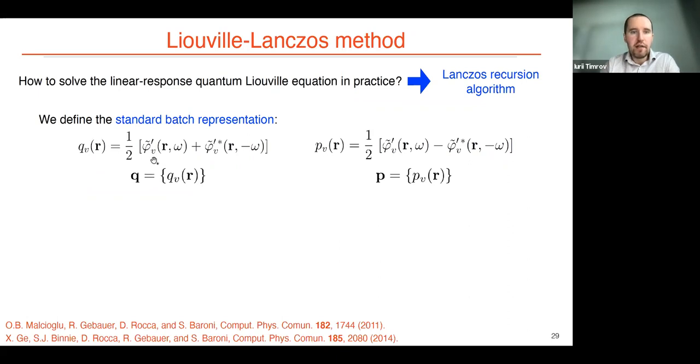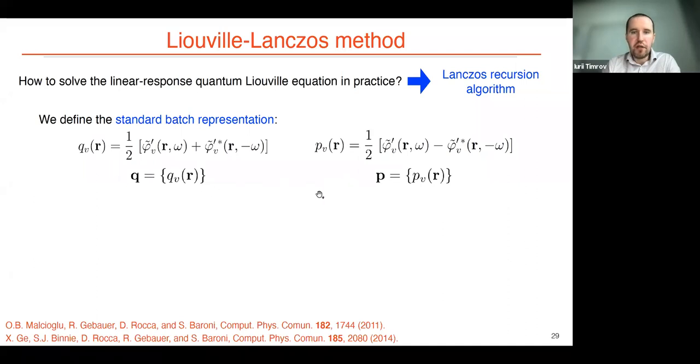So Q is defined as a half sum of the variables, because phi prime and phi prime complex conjugated at omega and minus omega are unknowns. So instead of having these two unknowns, we introduce another two unknowns, which are Q and P. And P is defined as the half difference between the unknowns. And then we define batches because we take a set of Qs and label it as a bold Q, because it's a set or batch, and P is a set of P variables.